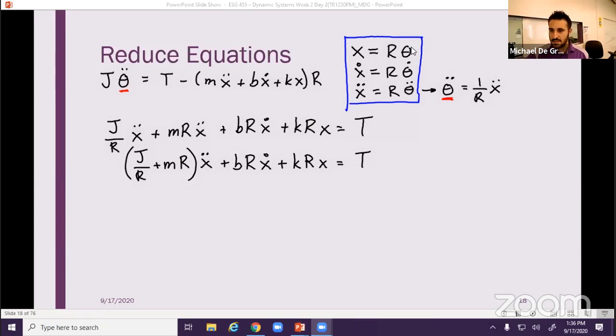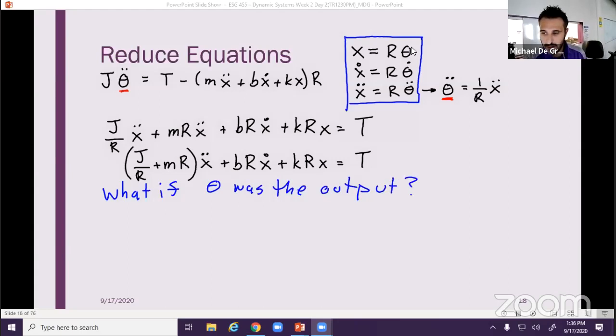Well, we've got all these things. So x double dot is just r theta double dot, right? So I can plug that back in. What if theta was the output? But we've got this. Well, x double dot is just r theta double dot.